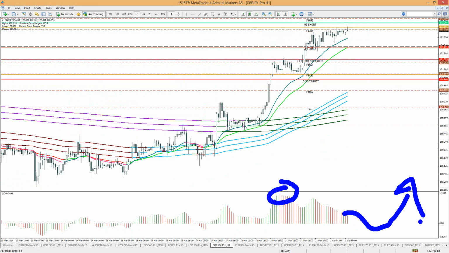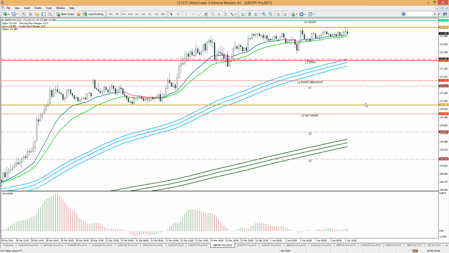Okay? So maybe max down to L3, but then that should be roughly a bouncing spot for more upside. If not that, then let's take a look at the 15 again. Then definitely the daily low, one would think, right?